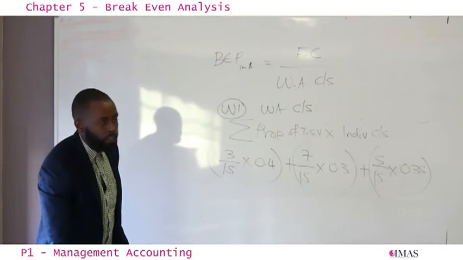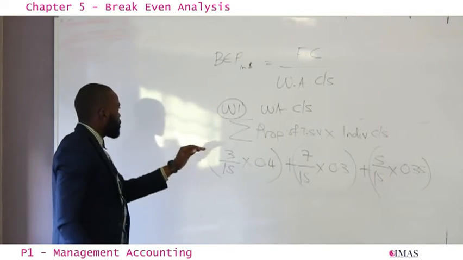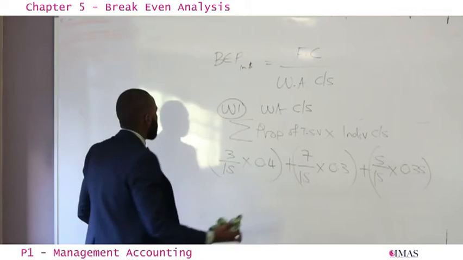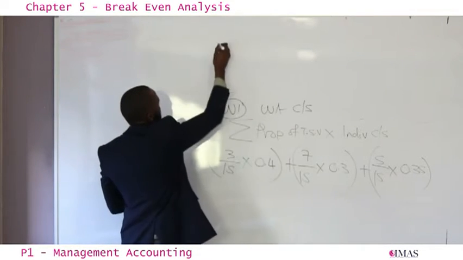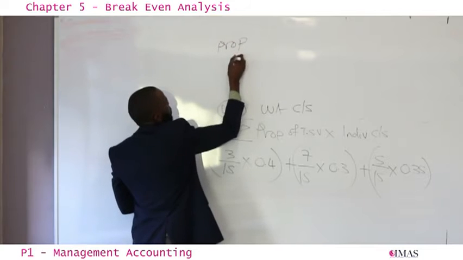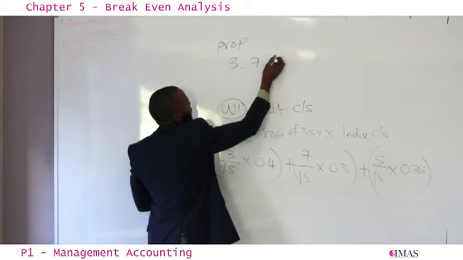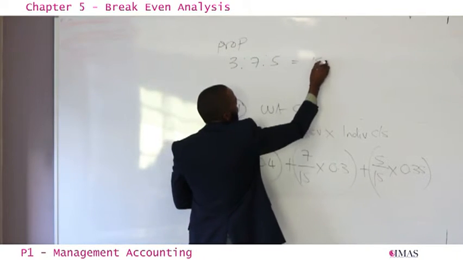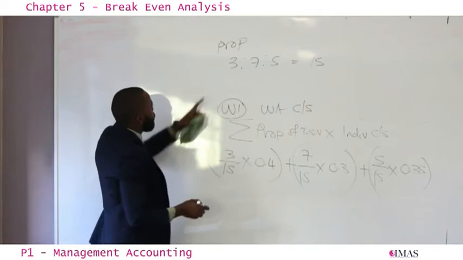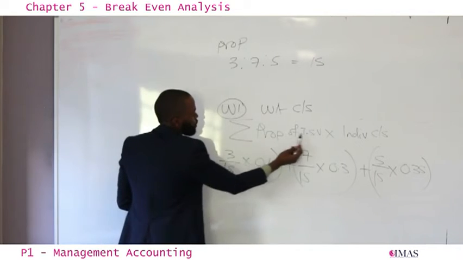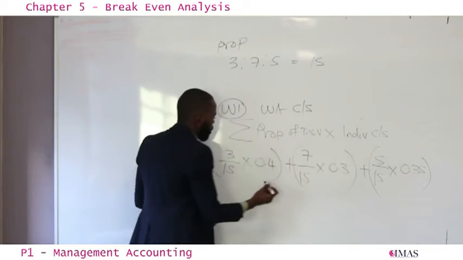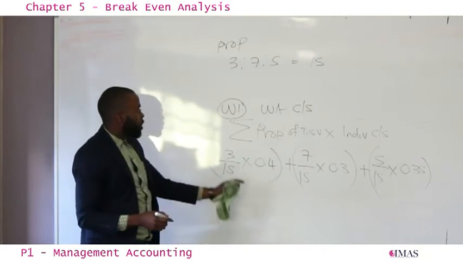So I'll just repeat it. For the weighted average contribution to sales ratio here, we have to use the second method. On the second method, we have to first get the proportion. So here it's 3:7:5. We add this, we get 15. So for product X, the proportion is 3/15. We take the proportion of total sales value times individual contribution to sales ratio. We sum them all.